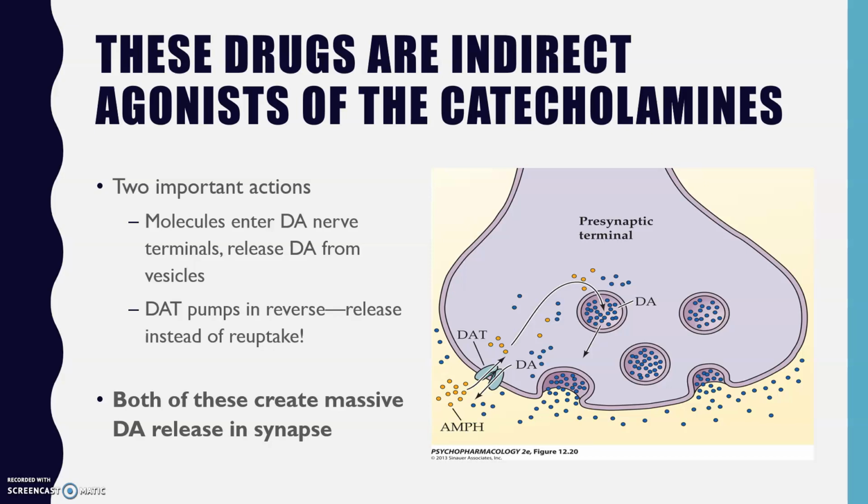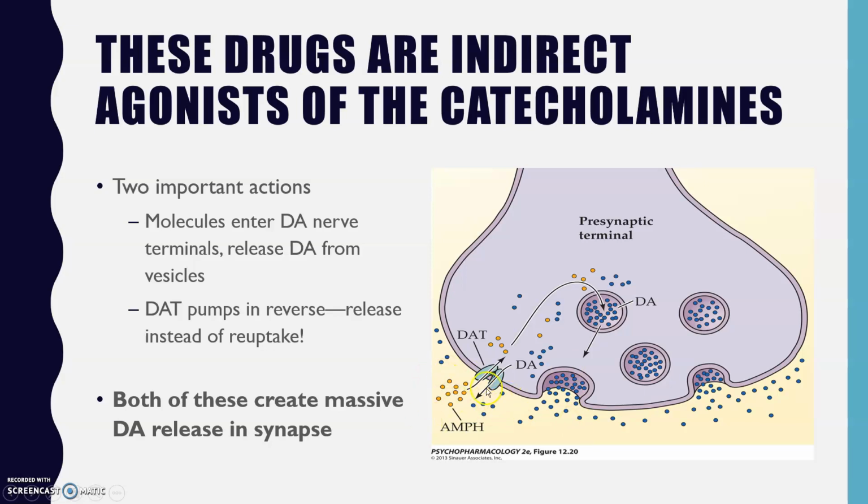Whereas with cocaine, we saw that cocaine basically blocks monoamine reuptake transporters and also blocks sodium channels, amphetamines are actually going to do something a little bit different. They are going to do two different things. First, they're going to increase dopamine release. The molecules of amphetamine will actually enter the nerve terminals and will start to release dopamine from their vesicles, increasing that dopaminergic release.